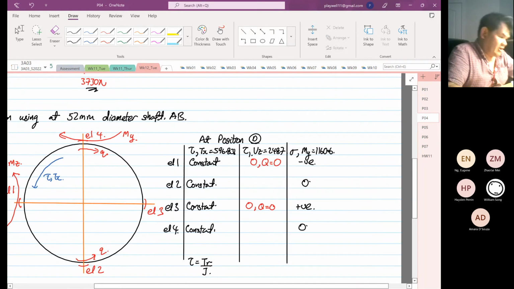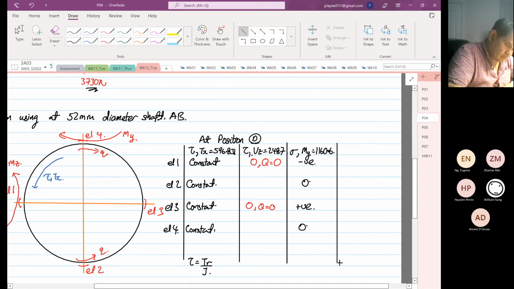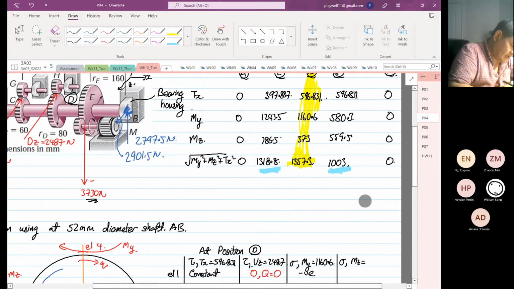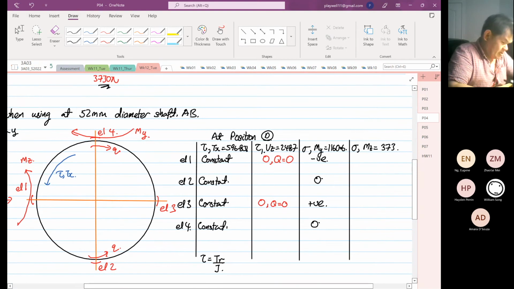Okay. And then if we look at moment, now, moment in Z is equal to 373. Okay, it's equal to 373. All right. So if we look at 373, moment in Z, element 1 and 3 are equal to 0.